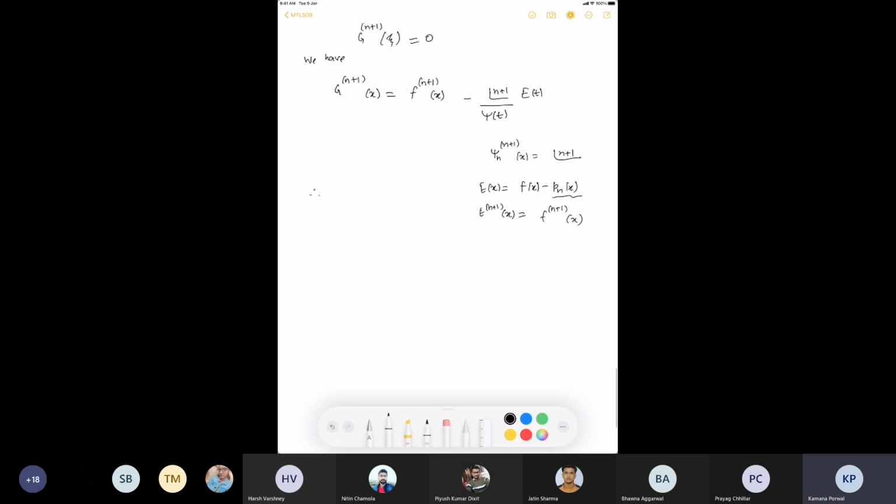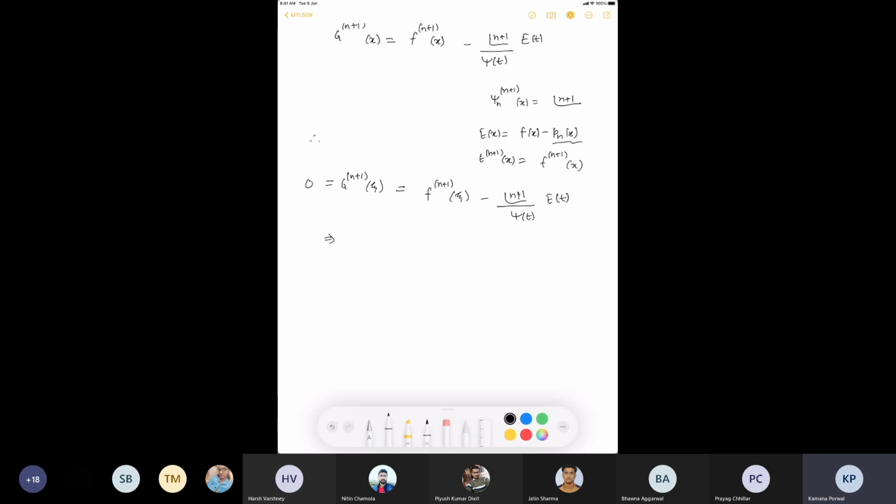So therefore g^(n+1) at xi is equal to 0. This is nothing but f^(n+1) evaluated at xi minus factorial n plus 1 divided by psi t into Et.